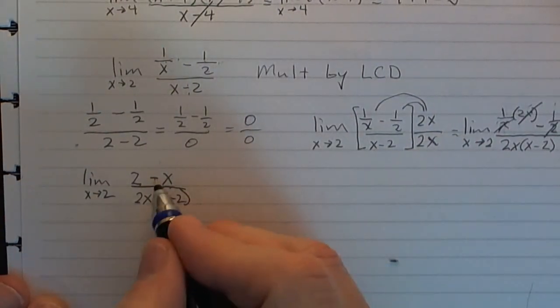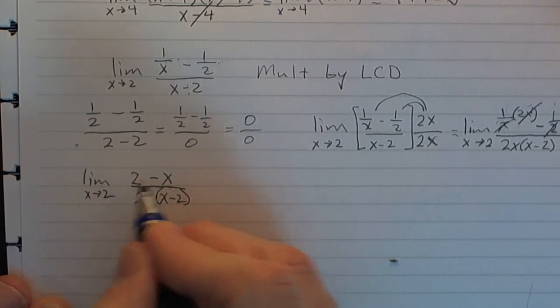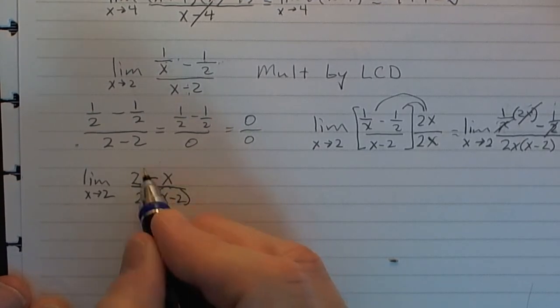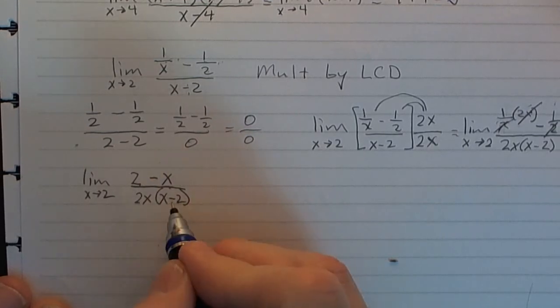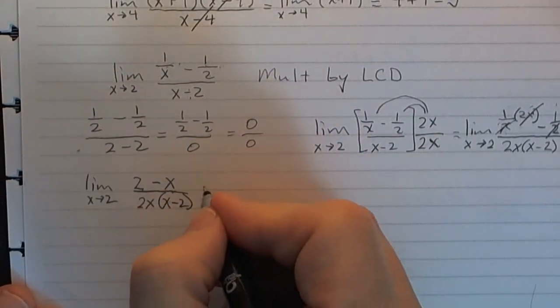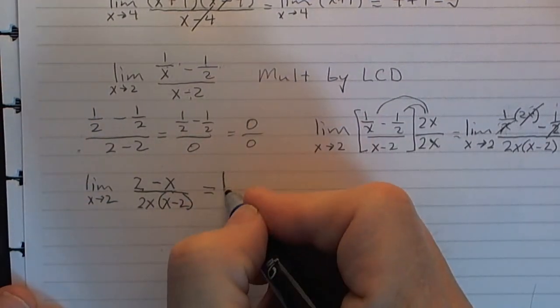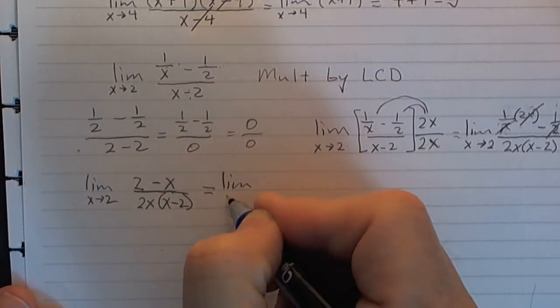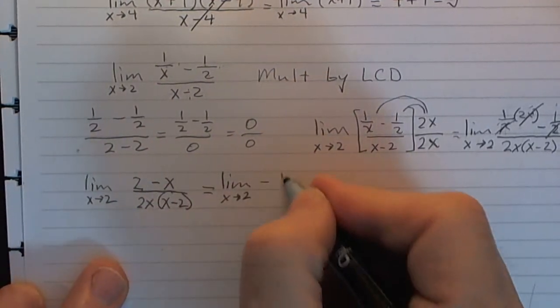Now, notice I've got x minus 2 here and 2 minus x here. You think, I wish that were x minus 2 and that were x minus 2, then I'd cancel them out. Well, look what you can do, though. You can view it this way. I've got the limit as x goes to 2, and I'll just factor out a negative up top.